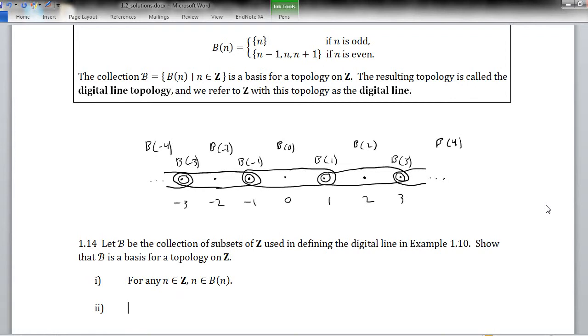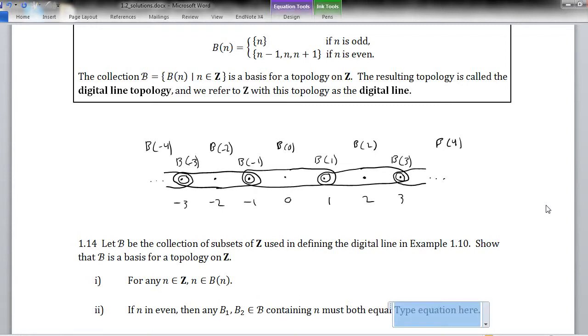And then for the second property, well, we should consider the cases when n is even and odd separately. So first we can say if n is even, then any basis elements b1 and b2 containing n, well, they must both equal b of n, right?